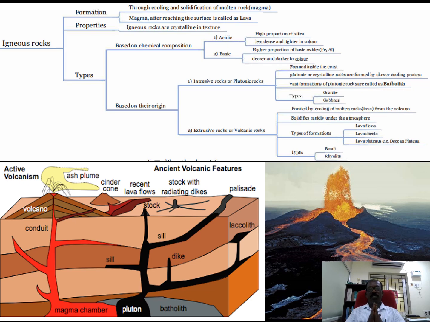These intrusive rocks are formed inside the crust. Plutonic or crystalline rocks are formed by a slower cooling process.